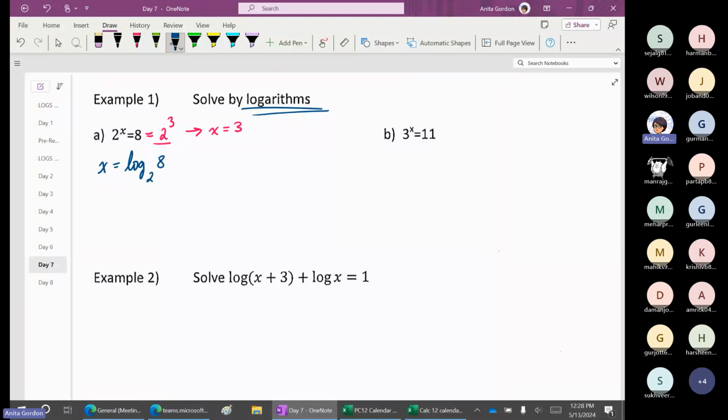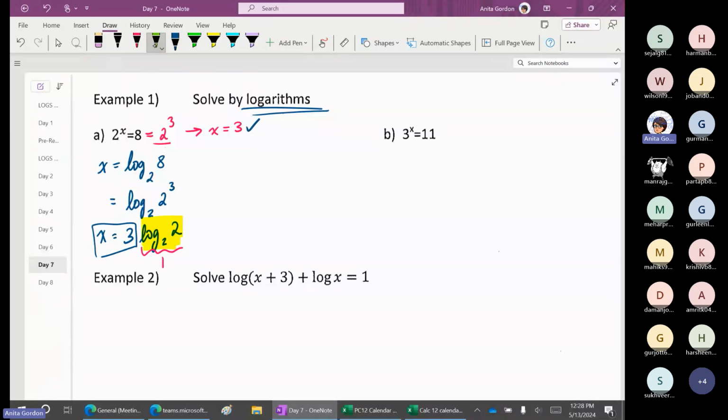And then I can use my logarithmic rules and say, I know that I can rewrite 8 as 2 to the 3. And the exponent becomes the coefficient. And one of our rules is if the base and the inside are the same, this just simplifies to 1. And I'm left with x equals 3, which I know already is the answer. So I know this is correct.